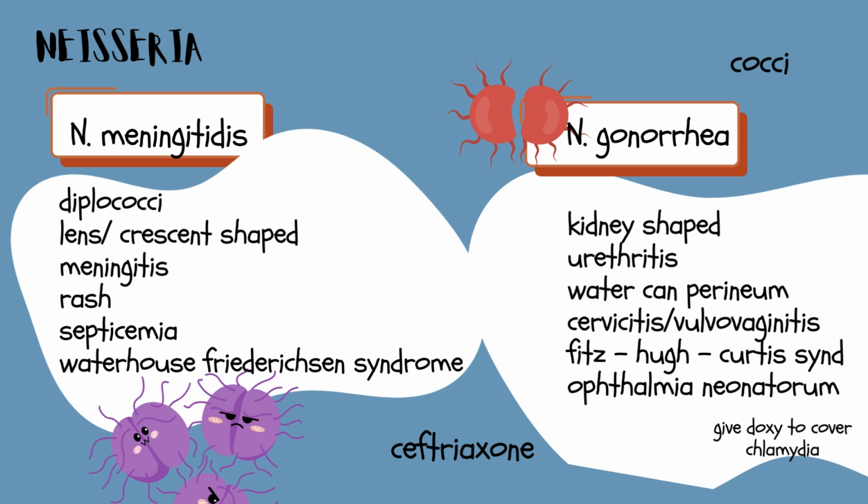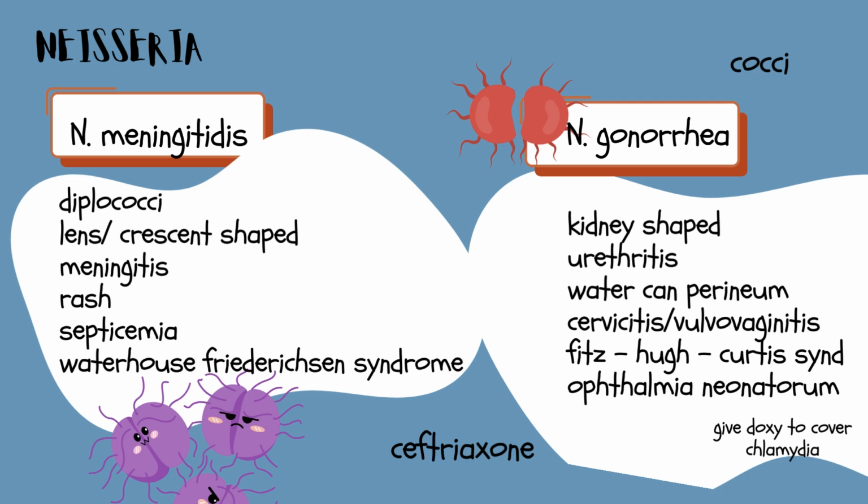Okay, and Waterhouse-Friderichsen syndrome, which can be a complication of meningitis, what does that mean? It is a group of symptoms caused when the adrenal glands fail to function normally. So it is affecting the adrenal glands. And the treatment of choice for both meningitis and gonorrhea is ceftriaxone. And for gonorrheal infection, gonorrhea causes gonococcal urethritis.